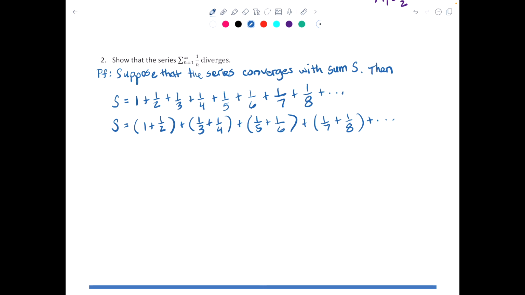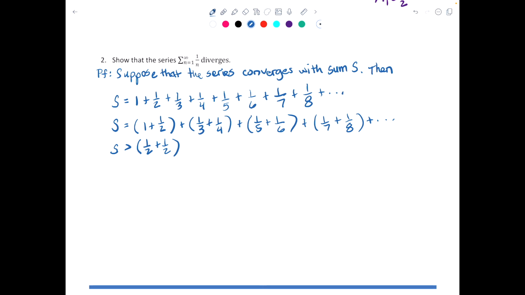Now, here is where the really cool, so easy, it's hard thing comes in. So now we're going to say what we have here is greater than a half plus a half. Would you agree?